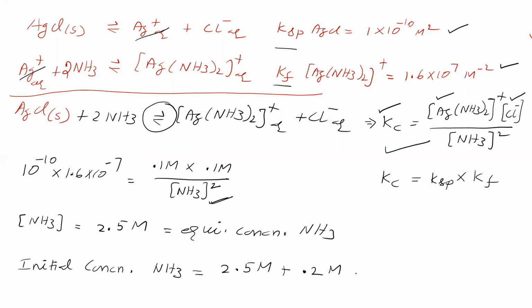Therefore, what initial concentration must we have taken? 2.7 molar, because silver chloride is consuming 0.2 molar and the remaining is 2.5 molar. So initially we must have taken 2.7 molar. Therefore, the initial concentration of ammonia is 2.7 molar. Okay.